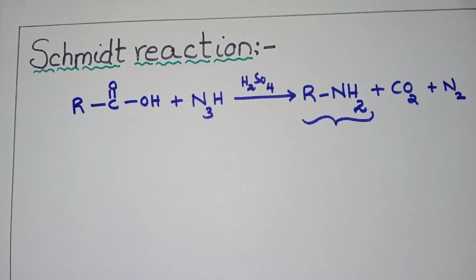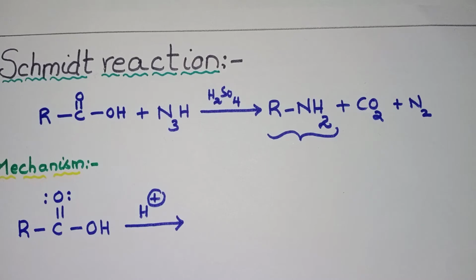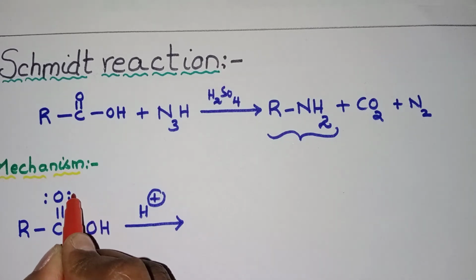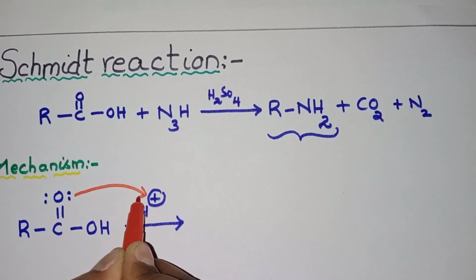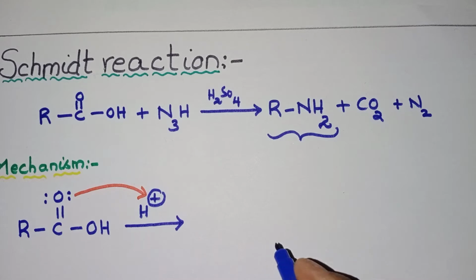Next, put the side heading mechanism. In the first step, I have taken the carboxylic acid R C double bond O OH. As you all know, the reaction is taking place in the presence of an acid, so H plus will be attracted by one of the lone pairs of electrons of oxygen. Oxygen shares one of its pairs with this H plus, so a bond will be formed between oxygen and hydrogen.